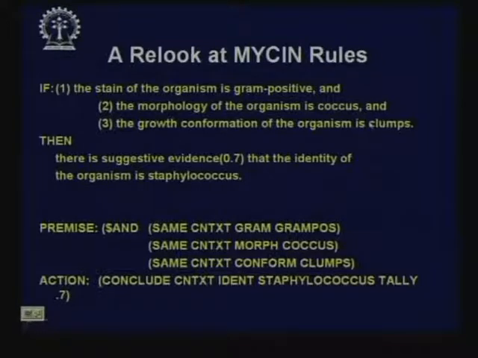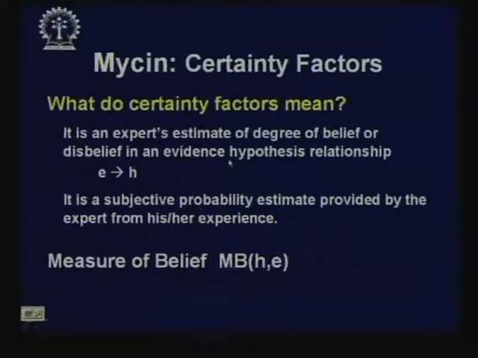These three relate to the organism being Staphylococcus with a strength of 0.7. So, this is a subjective probability estimate provided by the expert from his or her experience.